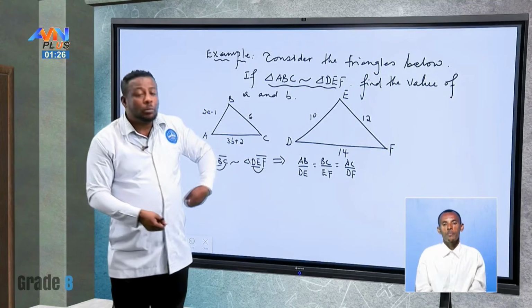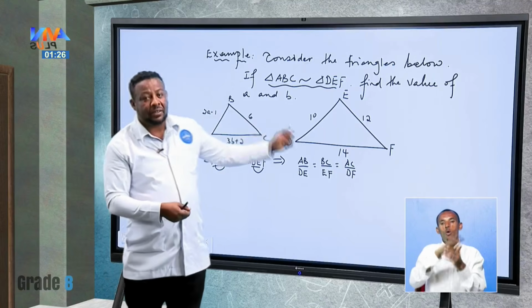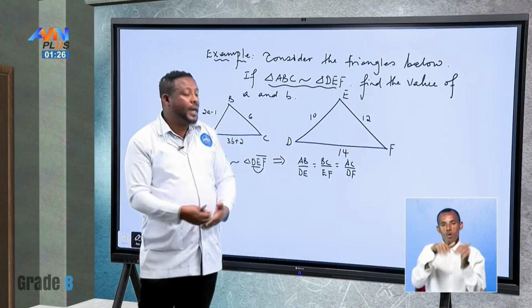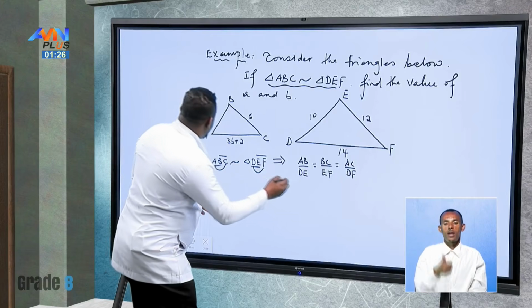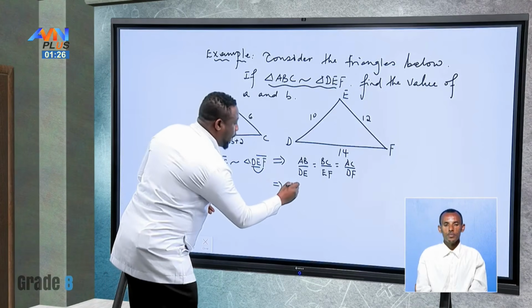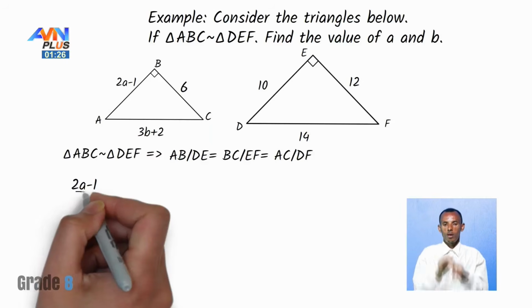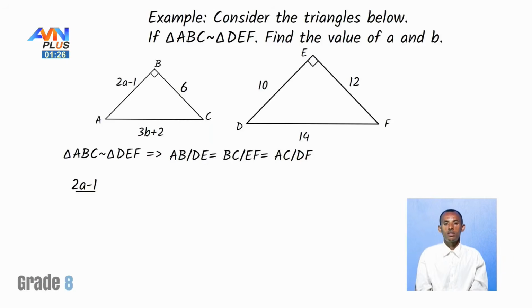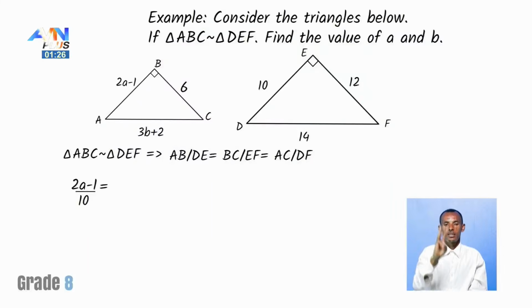This is the first step that you need to follow to find the unknown variables. So in this proportion, we will substitute all the values of the given sides. So AB is 2A − 1 over DE is 10, BC is 6, and EF is 12.